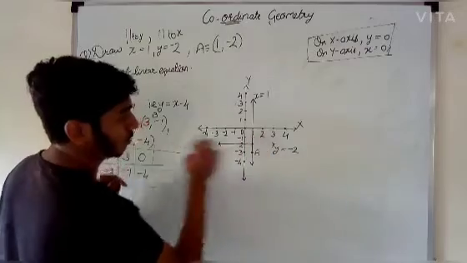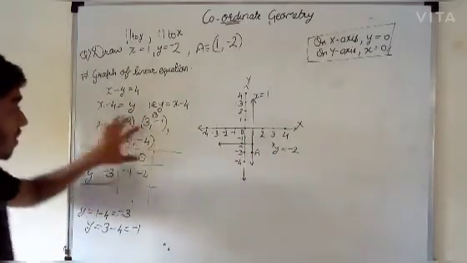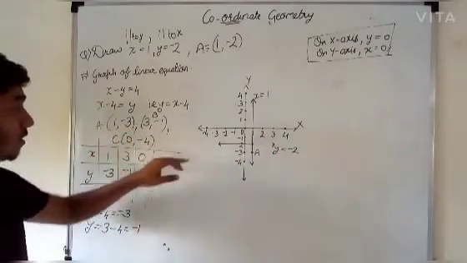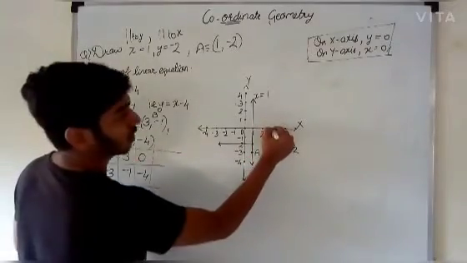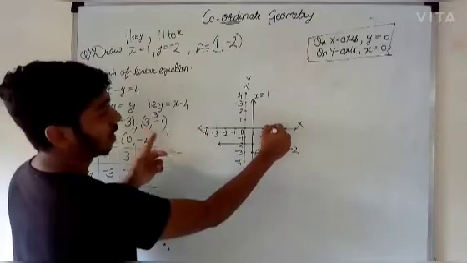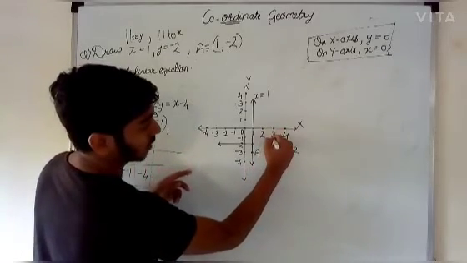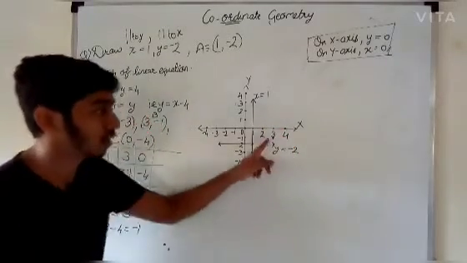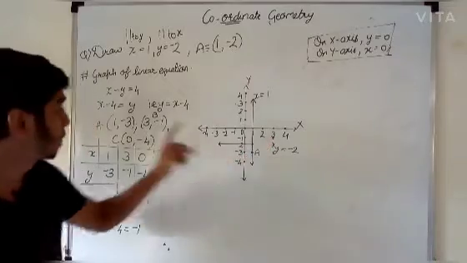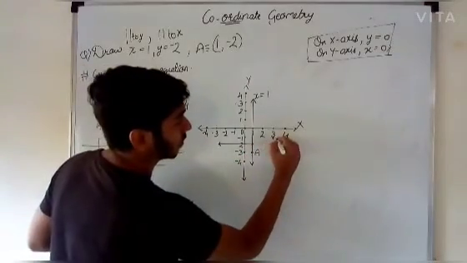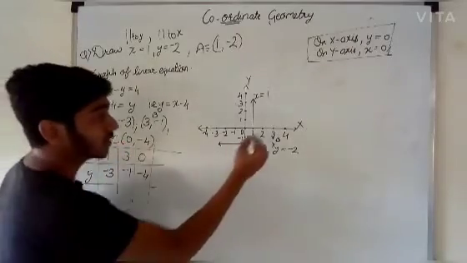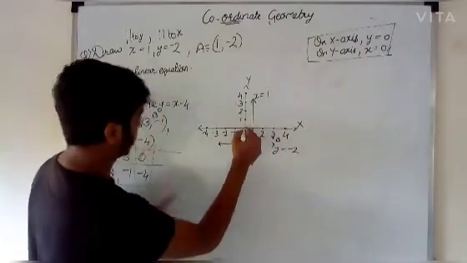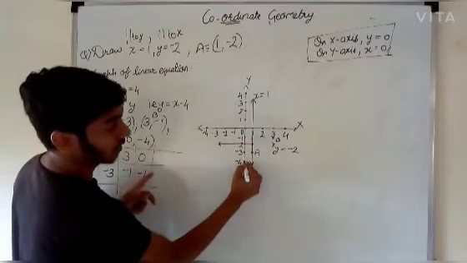For these 3 points, 1 comma -3 is this, and 3 comma -1, so x is 3 and y is -1 at this point. So this is the point B. Then 0 comma -4, that means 0 is here and -4 is at this point.